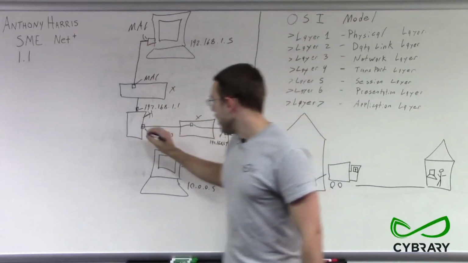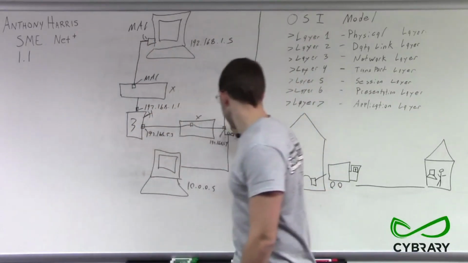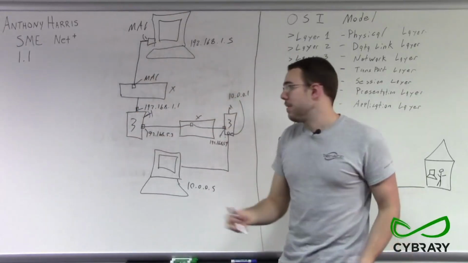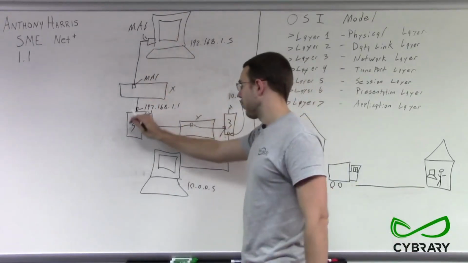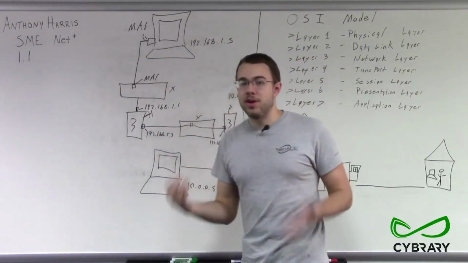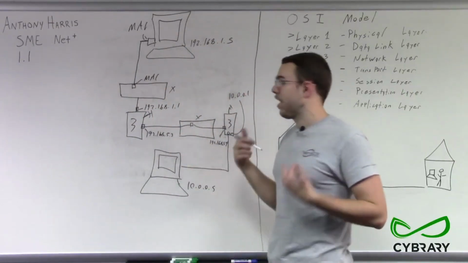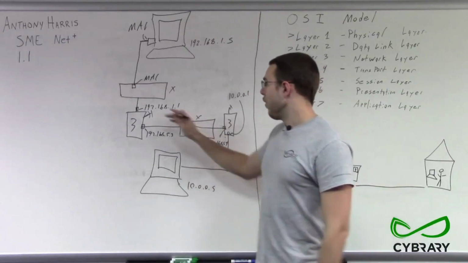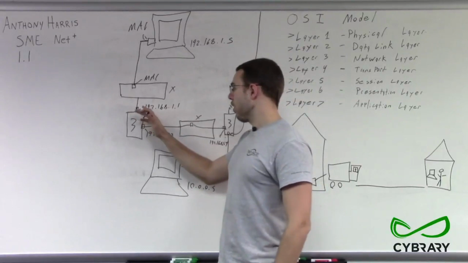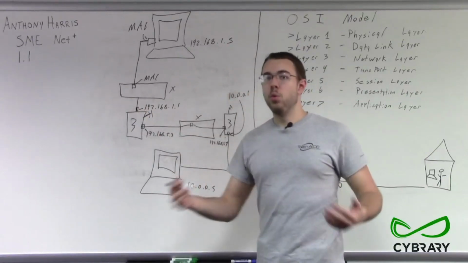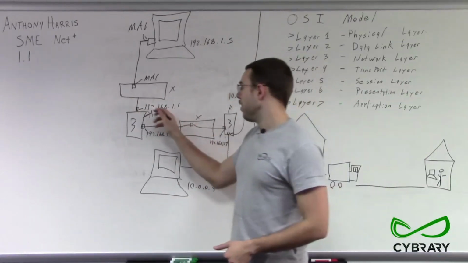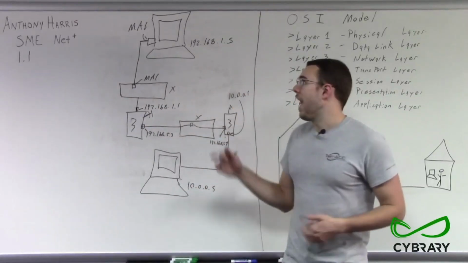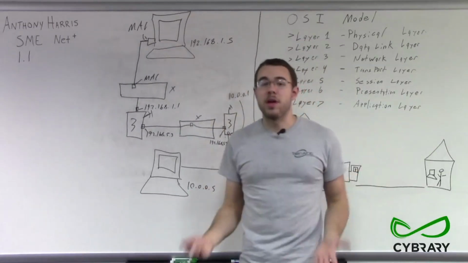Layer 3 we have going on right here and right there, as well as when we're sending our packet through an IP address. So we're sending the packet to the router. The router is a layer 3 device, because it can actually route our packets to a different network, a different IP address. So our incoming port on our router that's connected towards us is going to be 192.168.1.1. That's also what we'll have set on our computer here as the default gateway.